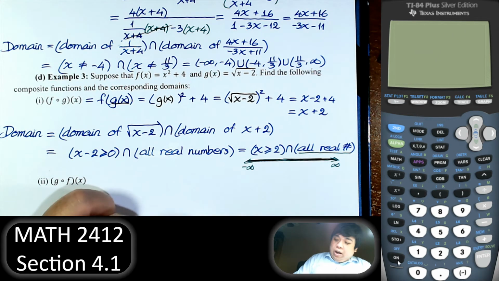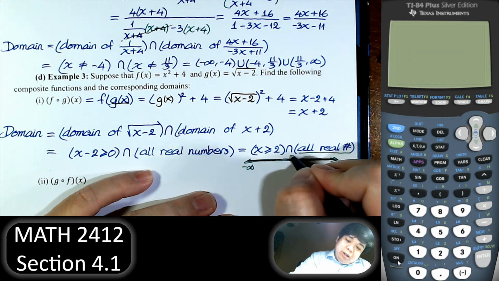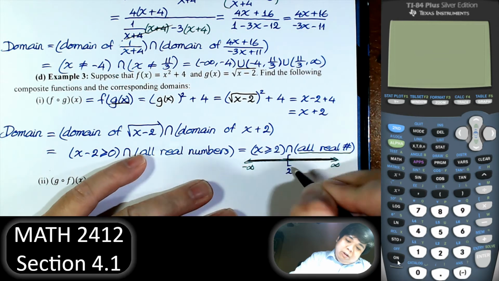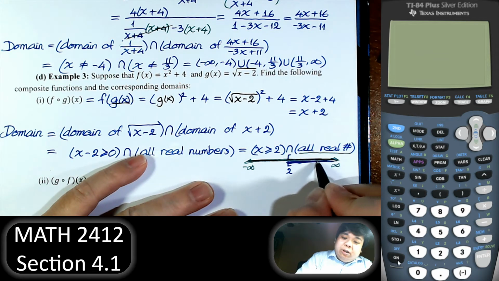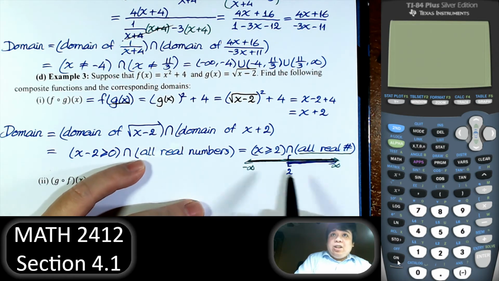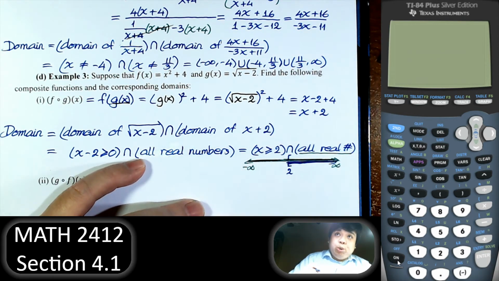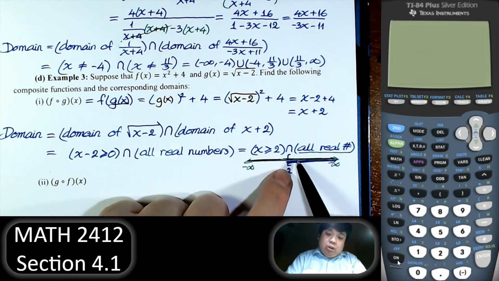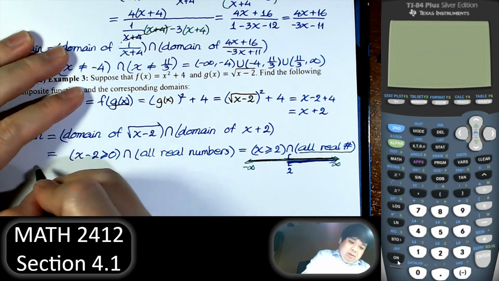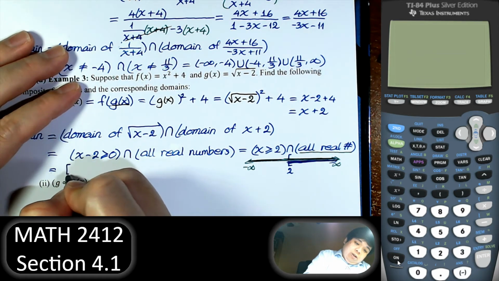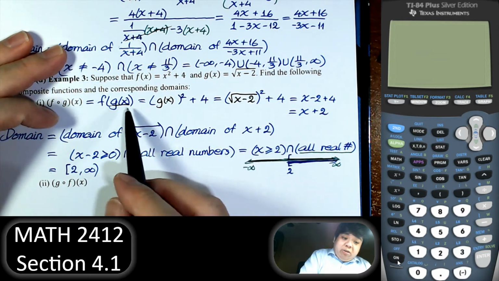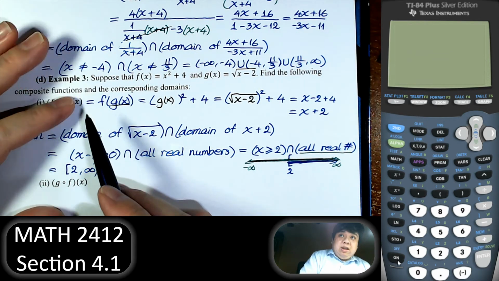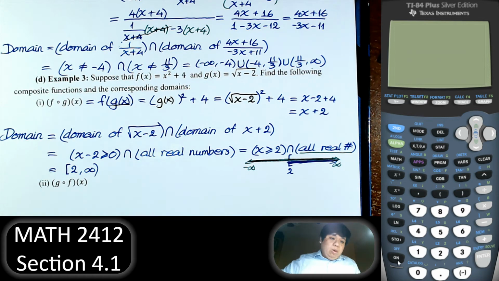And when x is greater than or equal to 2, meaning anything greater than or equal to 2, here we find the intersection, which means the overlap of the two. And the overlap of the two is going to be from 2 to infinity. So we just say 2 to infinity. So g of x has to be defined first, and then we consider what's left of the function.